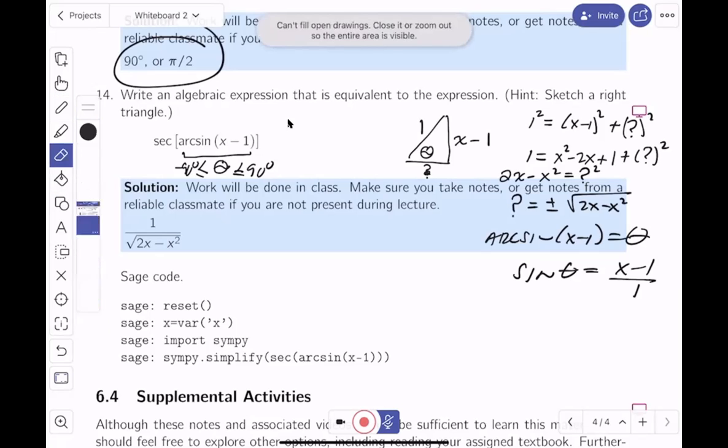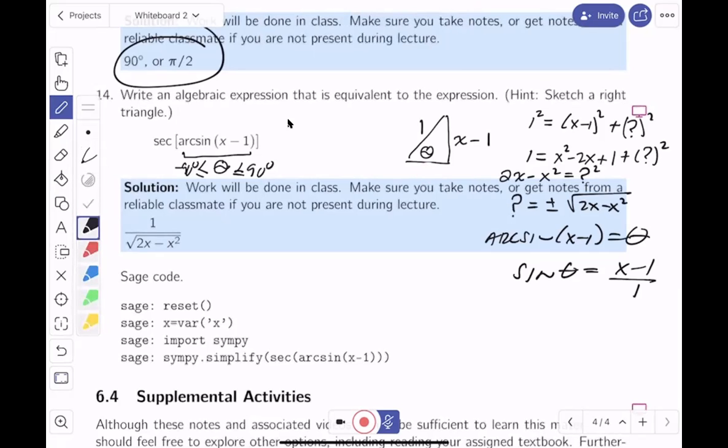And this is going to be the positive square root of 2x minus x squared. So what's the secant of that? The cosine would be root 2x minus x squared over 1, and the secant is the reciprocal. So what do you get? 1 over the square root of 2x minus x squared.